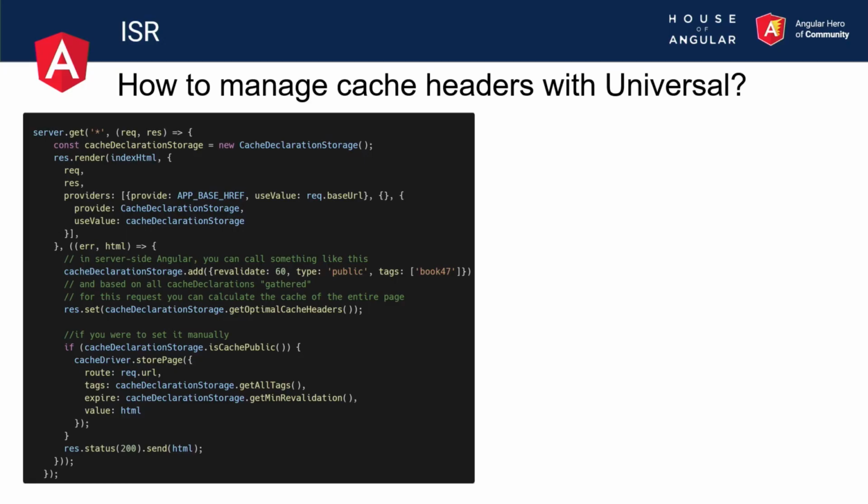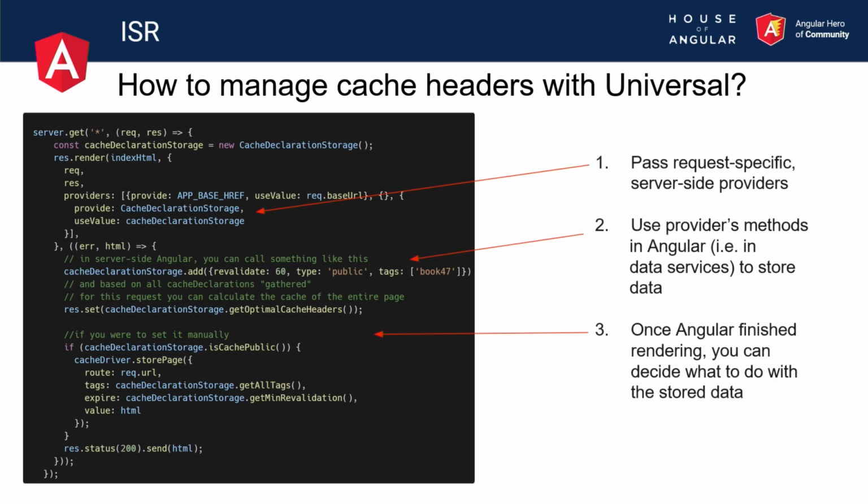So here we have a server.ts file. When you create an Angular Universal application, you will have such a file, and this block represents how your server handles requests. The main thing that I'm doing, without reading too much into the code, is creating a new object for every new request.